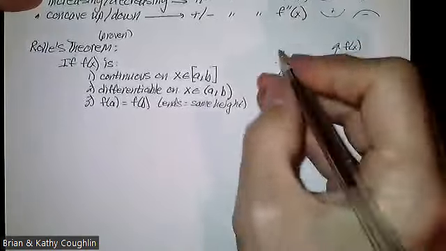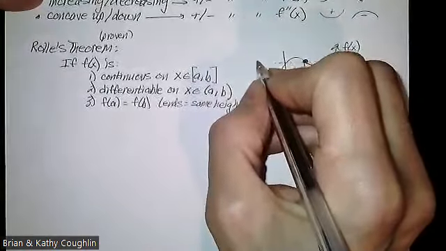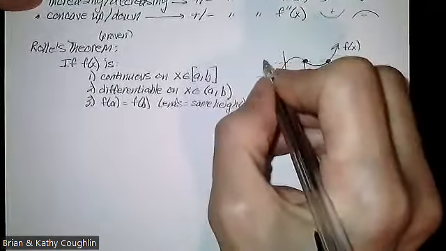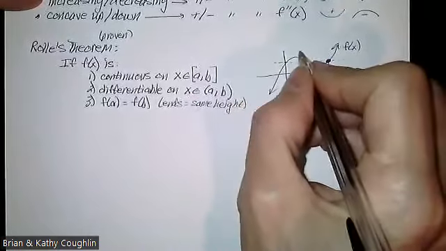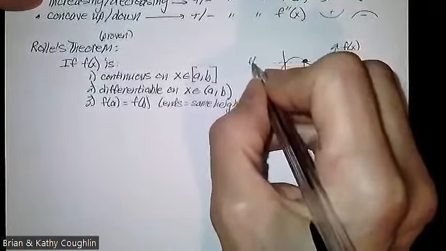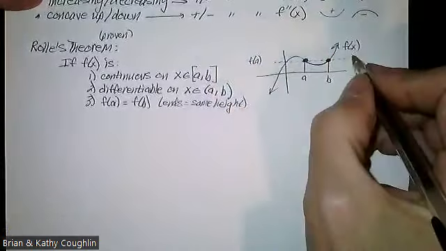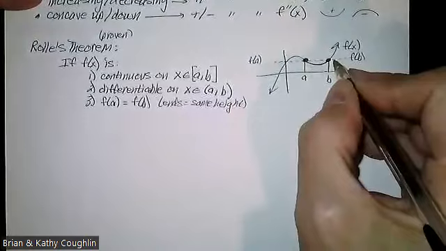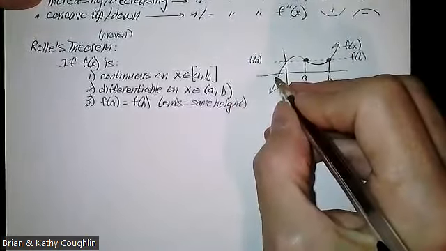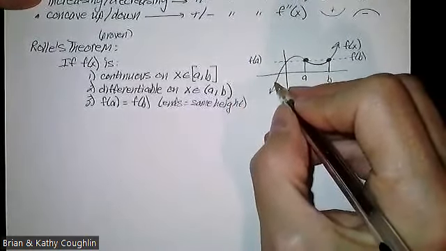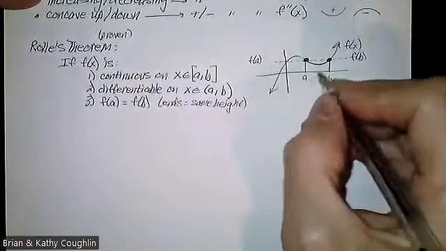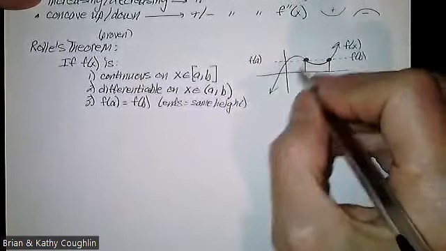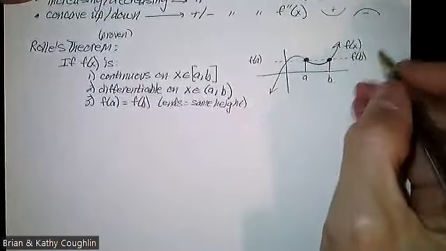It might be 3, it might be 2, or whatever. But the height here is f of a, and it's also f of b. These two points just happen to have the same height. If this was c somewhere, the height would be way down here. So when you plug a value of x in, you get a value of y out, which is height.